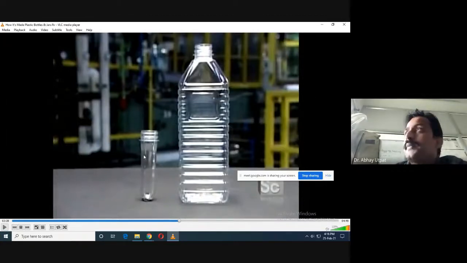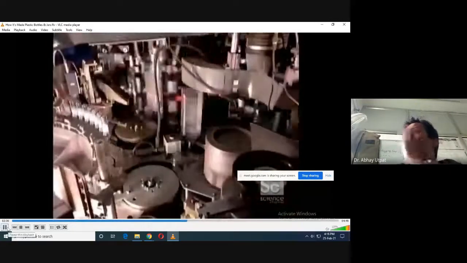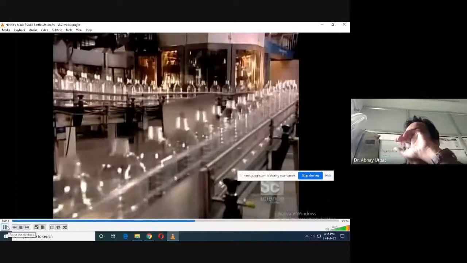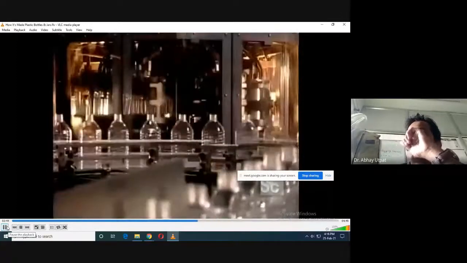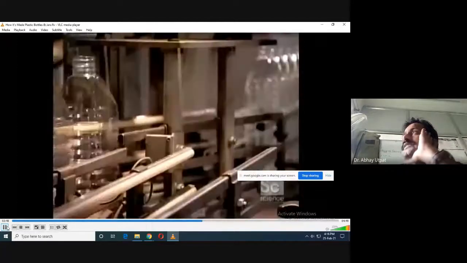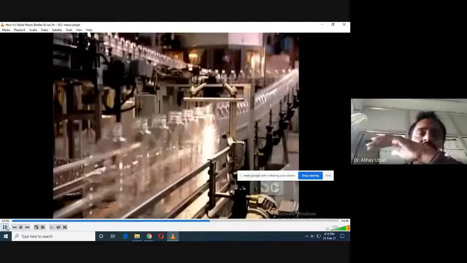Only the bottom part is blown into square cross section. How the line is maintained.